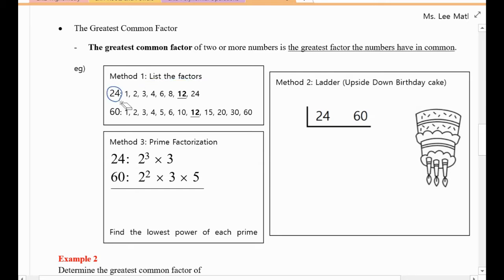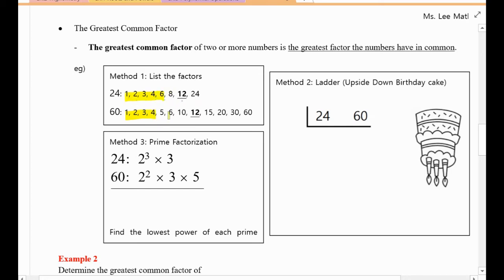So 24 has 1, 2, 3, 4, 6, 8, 12, 24. It has 8 factors. And 60 has 12 factors. So you can just list them and find the common factors. There are so many common factors, right? 1, 2, 3, 4, 6, and 12 are common factors, but not 8.